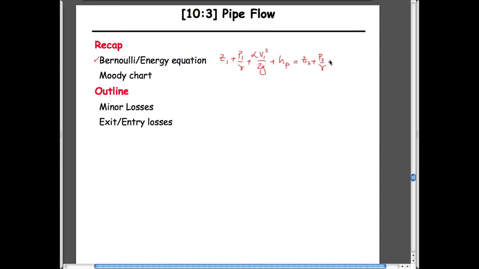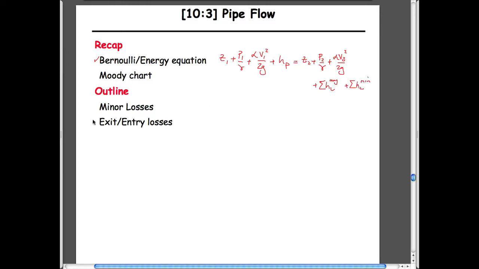So you should remember these expressions, this one anyway, all the way through your careers, I think, because they are going to be of use to you. Plus 2 components, right? Sum of head losses major, and sum of head losses minor.